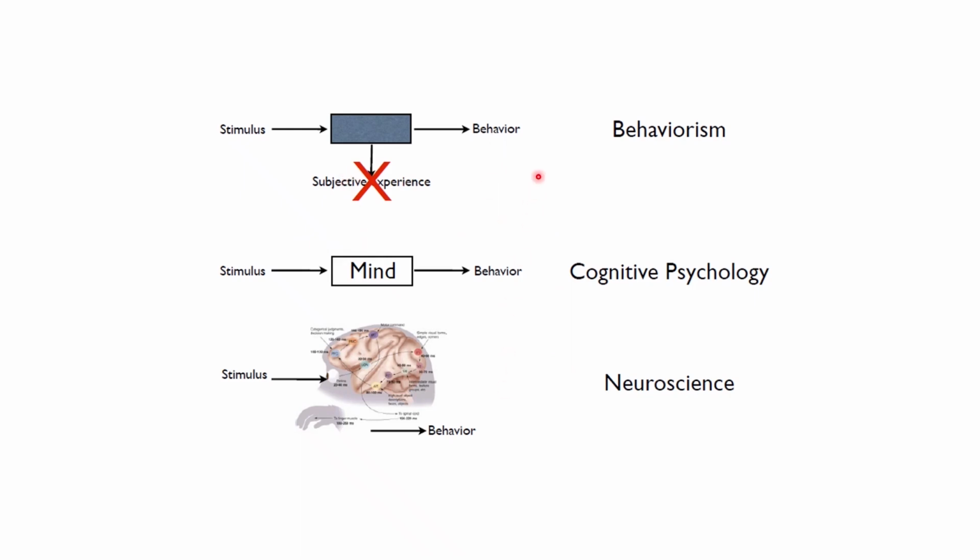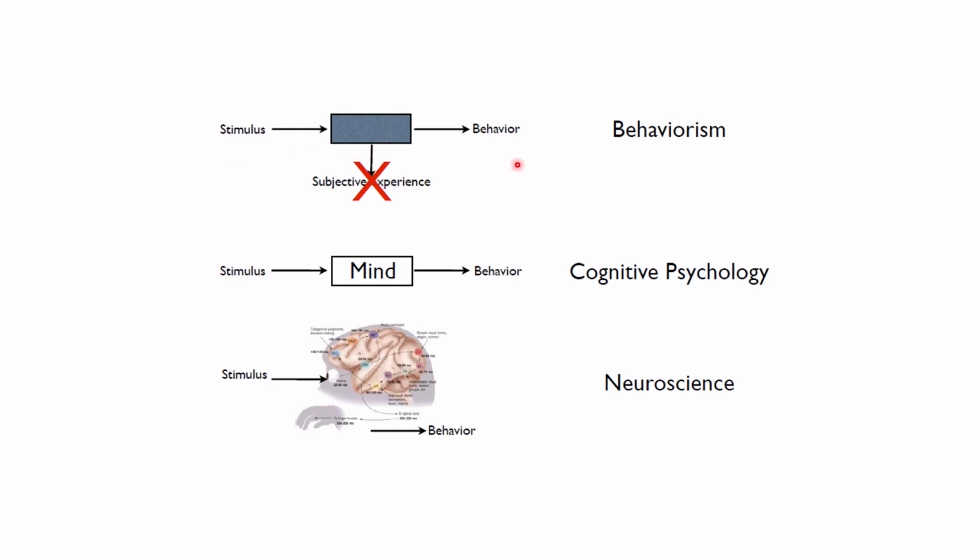Now the field of behaviorism or behavioral psychology, which was quite common say 50 years ago, thought of the brain as a black box, and the goal was to find a function or a mapping between the stimulus and the behavior. So basically some stimulus comes in and some behavior goes out, and they did not think at all about the subjective experience or the emotions or anything. They just wanted to find a mapping between the stimulus and the behavior.